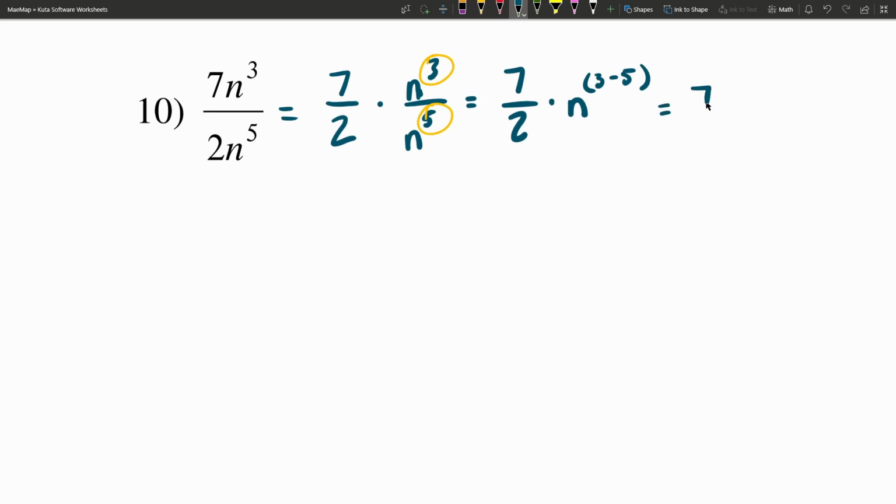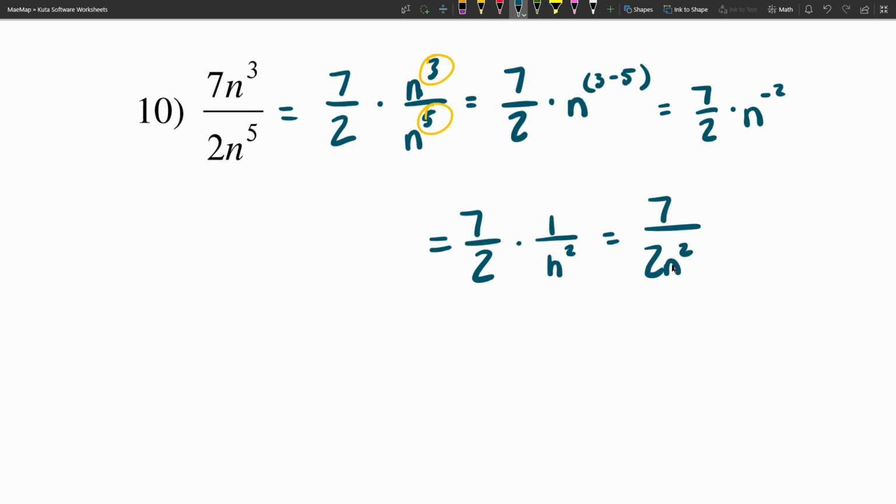So we're going to have 7/2 times n to the negative 2. What do we do with that negative exponent? We can write it as a positive as long as we move our base from the numerator into the denominator. So we're going to have 7/2 times 1 over n squared, which is 7 over 2n squared.